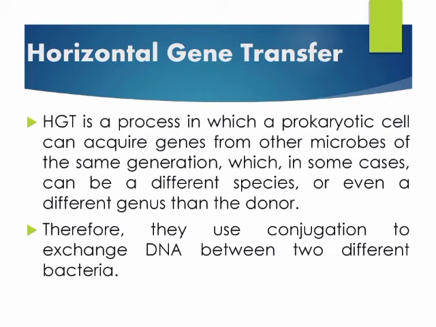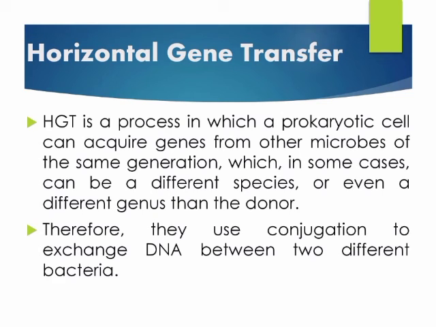Next, horizontal gene transfer. Horizontal gene transfer is a process in which a prokaryotic cell can acquire genes from other microbes of the same generation, which in some cases can be a different species or even a different genus than the donor. Therefore, they use conjugation to exchange DNA between two different bacteria.